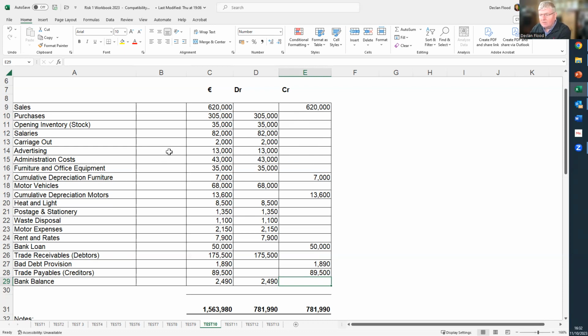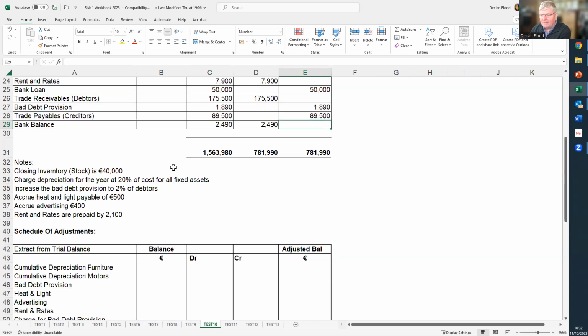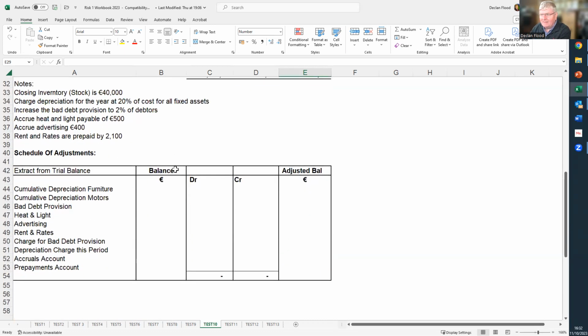So now part two, and this is probably the complicated part, your adjustments. So we need to have a look at our adjustments. So why do we do adjustments at all to accounts? Well, the reason we have to do adjustments is that we said that a balance sheet is a moment in time.